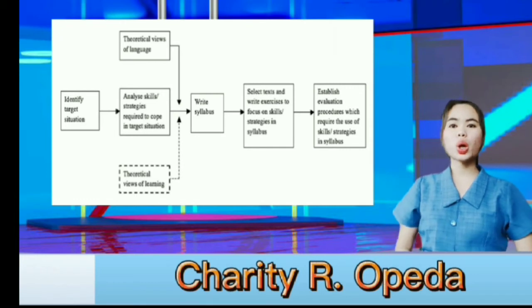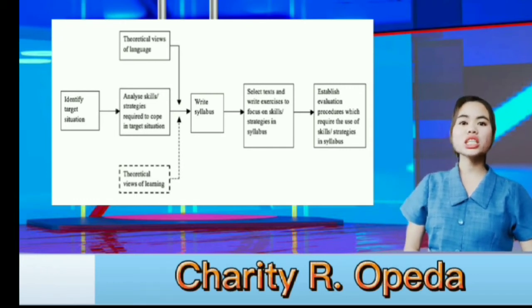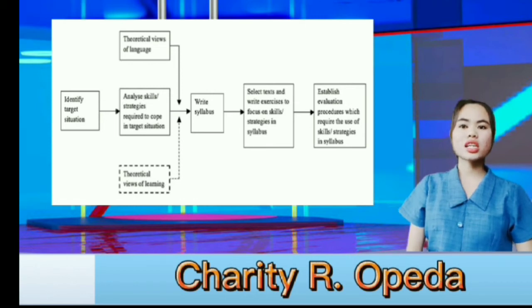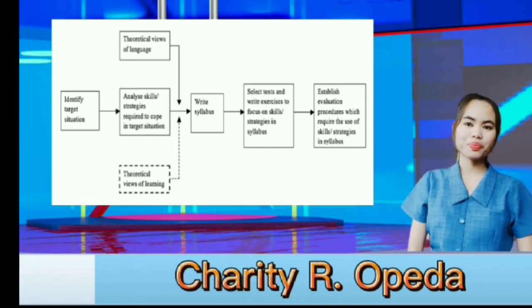This figure shows that the skill-centered approach starts by identifying the target situation based on the data from the target situation analysis. It determines theoretical views of language, skills required to cope with the target situation, and theoretical views of learning. Based on all data, the syllabus is created. Based on the syllabus, material is then developed and evaluation is conducted.